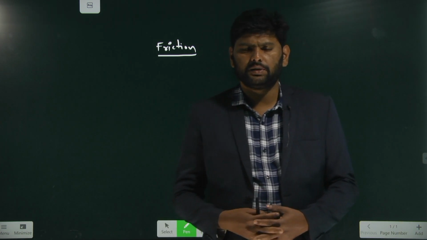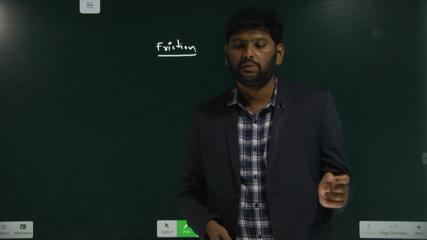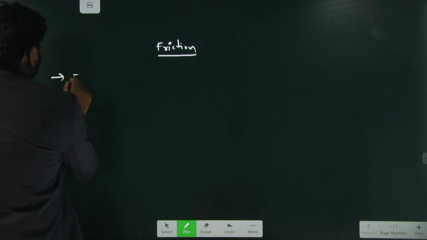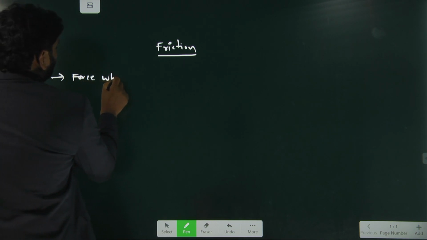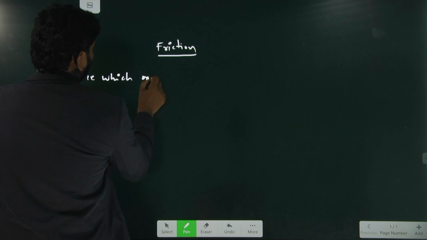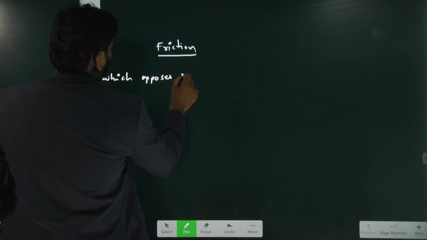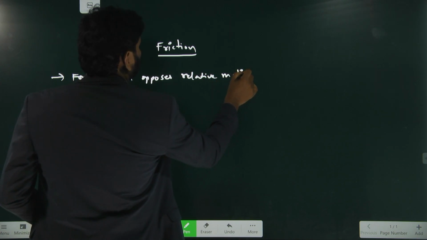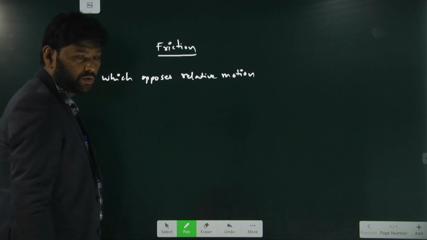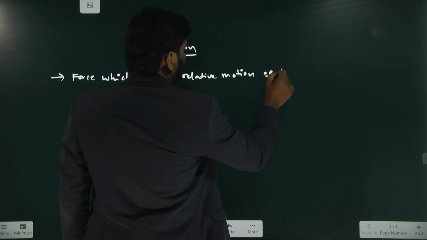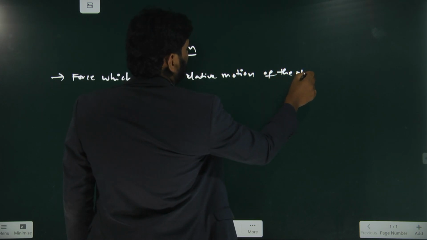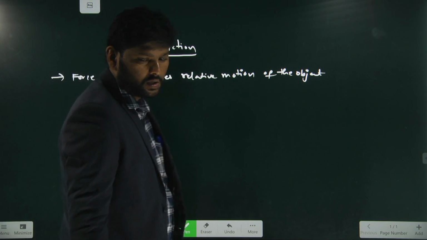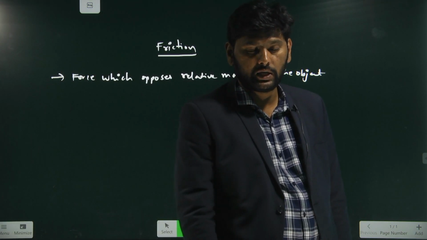Another way we can define friction is a force which opposes the relative motion of the object. And it is also a contact force.